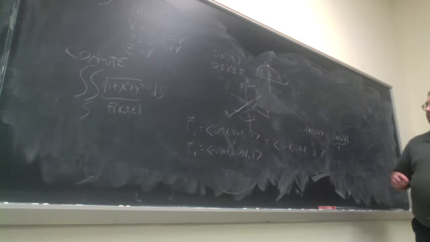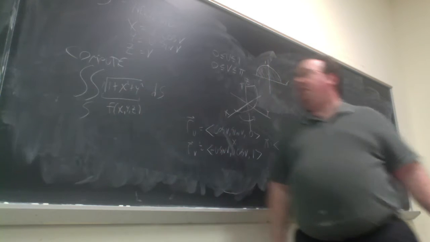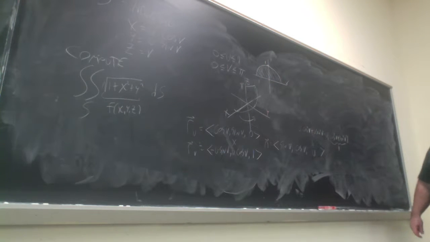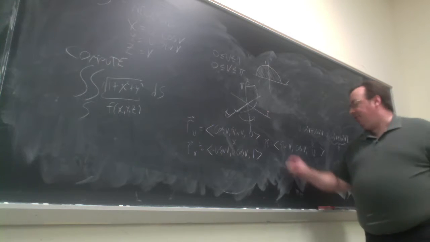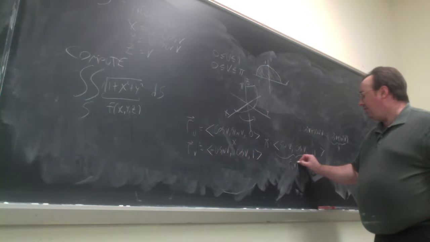Now, since we're integrating just a scalar valued function, this is not a vector field, over a surface, we only need the magnitude of this normal vector. So this is r_u cross r_v.